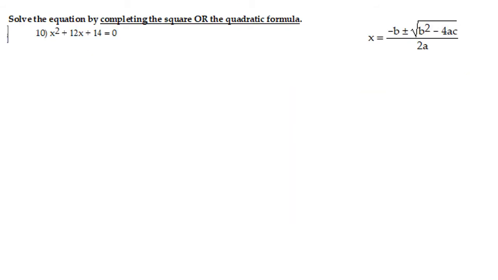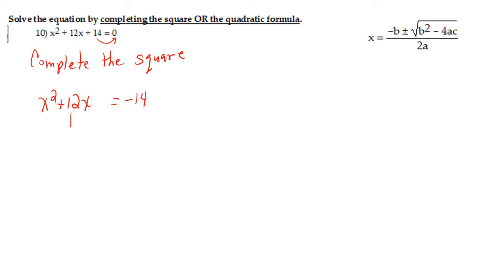Now this next equation, you had a choice of using either completing the square or the quadratic formula. First, we'll look at completing the square for those who would like to use this process. In completing the square, you would take the trinomial and move the constant term 14 over where the 0 is, making it a negative 14. Then here's where the magic happens.